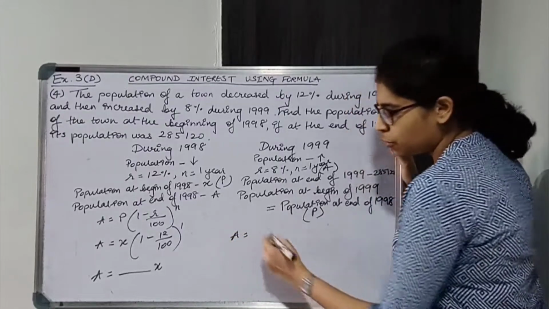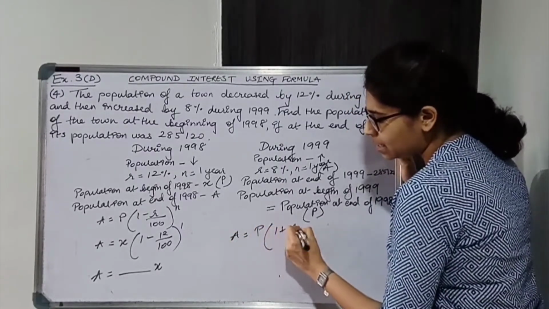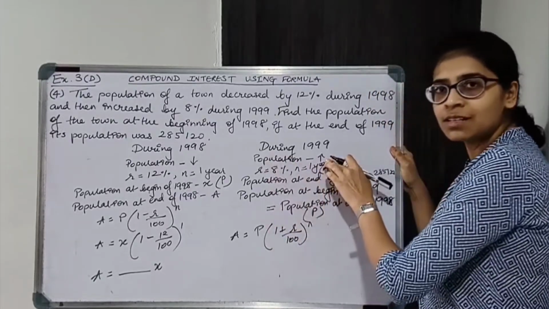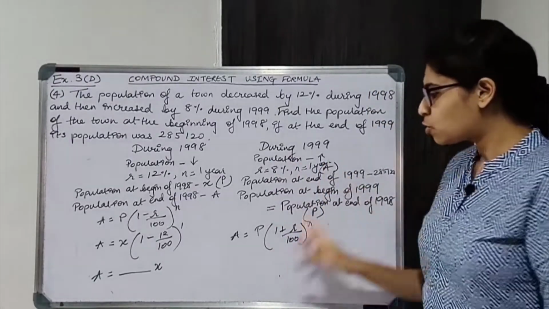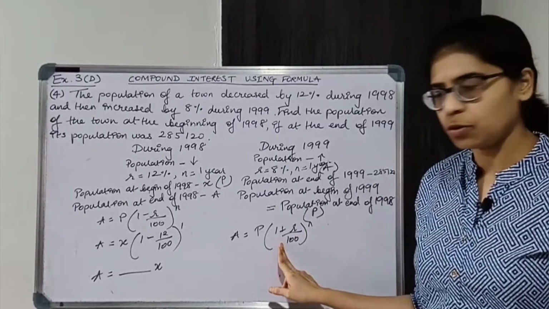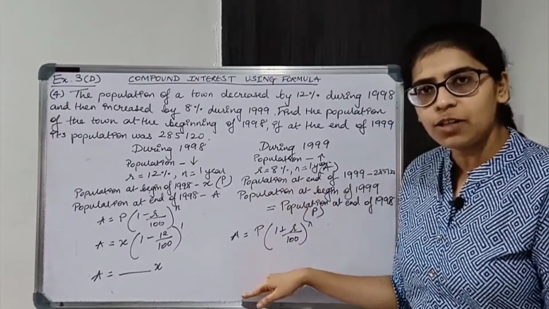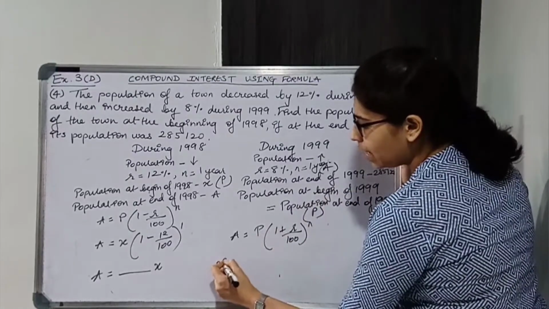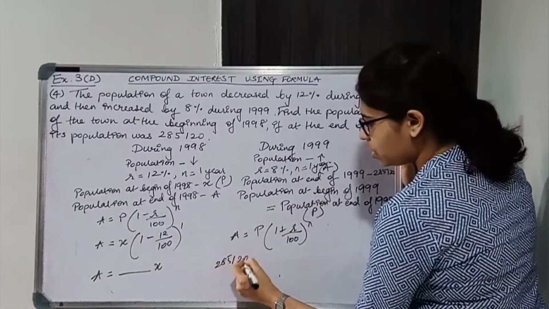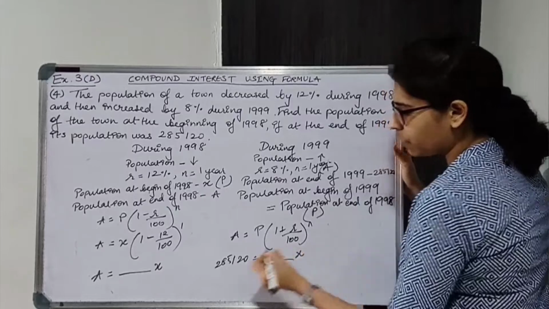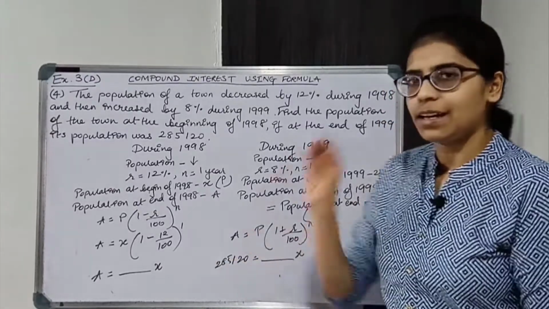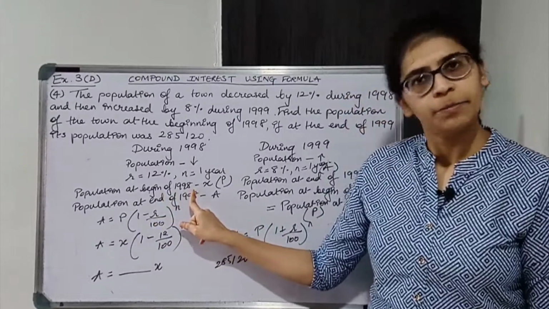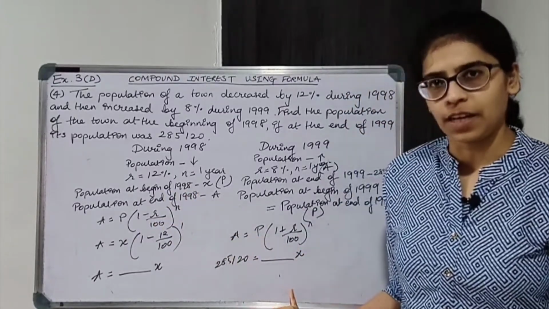A will be equal to P into (1 plus R/100) raised to n. Why plus? Because the population is increasing. So you will add the rate percent. On substituting the values and solving, you will get 285,120 is equal to something in terms of x. On solving you will get the value of x. x is nothing but population at beginning of 1998. So you will get the value of x.